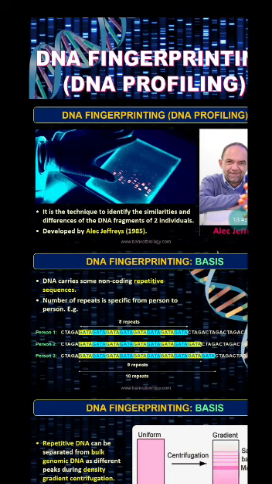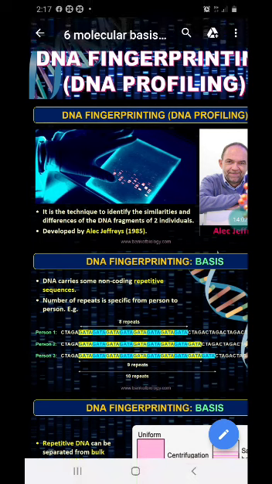Only 0.1% difference is there. So to identify the differences in this 0.1% of the genes. Okay, right. And this process was developed by Alec Jeffreys in 1985.